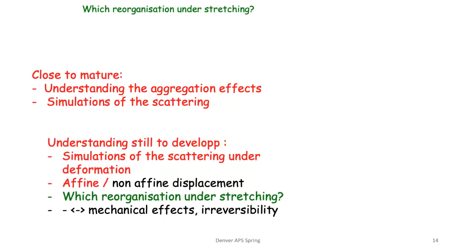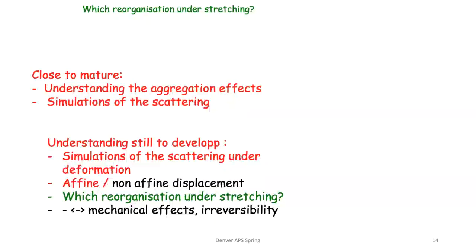So to conclude at this stage, I would say that what is important is understanding the aggregation effects, and in particular, as I'm a scatterer, I think it is interesting to know that we are more or less able to simulate the scattering and to make it in agreement with the electron micrography.